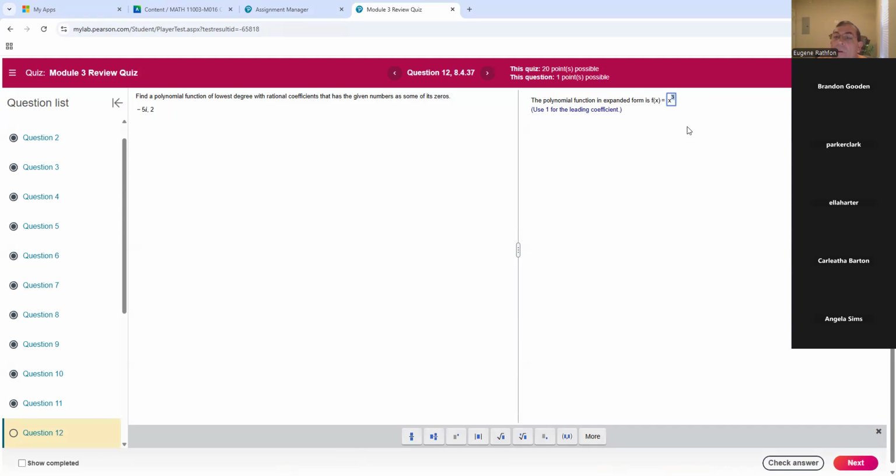Minus 2x squared. And then plus 25x. And then minus 50. So you don't put the f of x or anything. They've already got that there for us, okay? So we're just actually putting in the polynomial only.